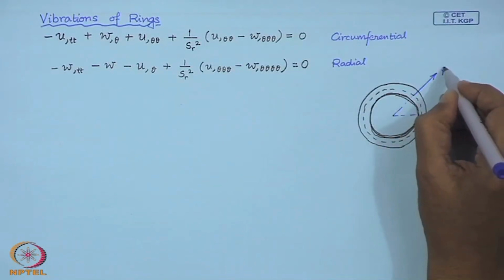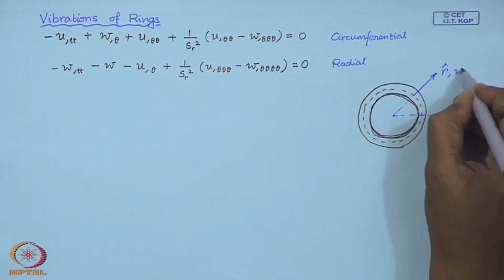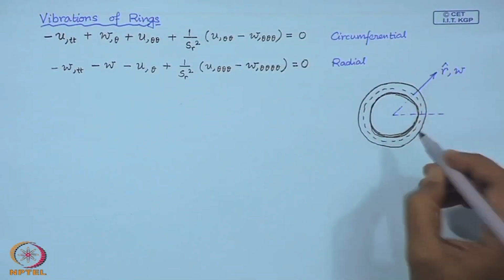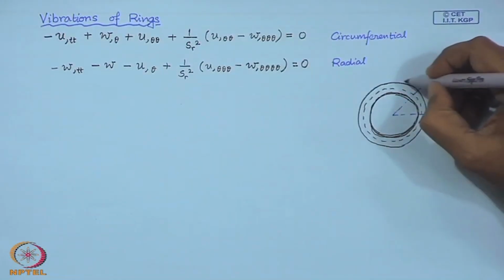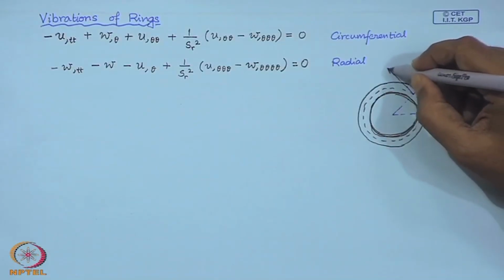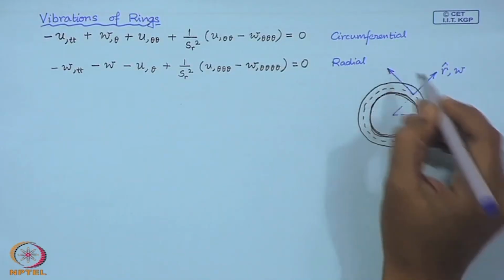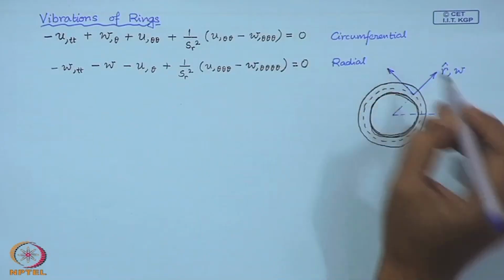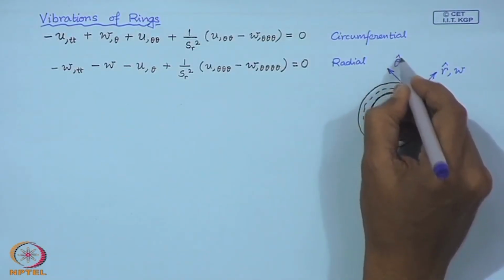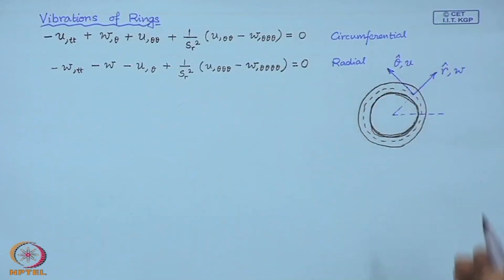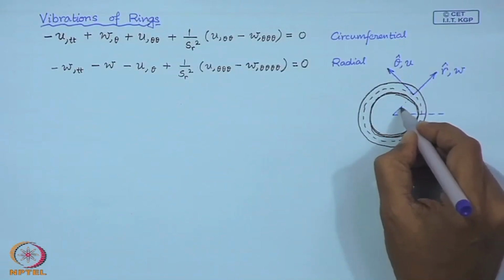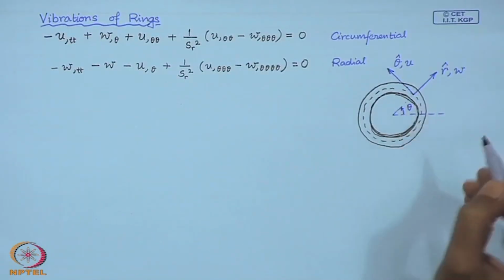This is the radial direction, and this is the circumferential or tangential direction. This is the angle theta.